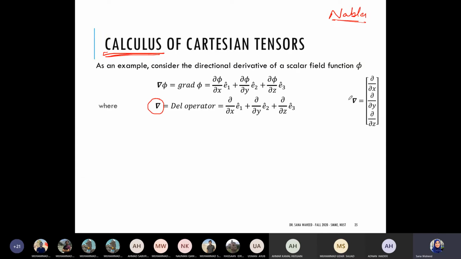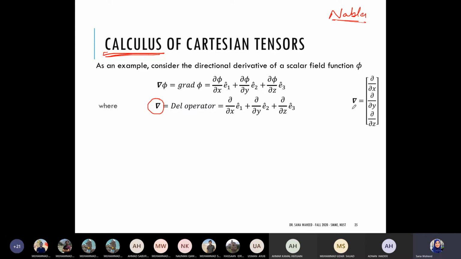So this del operator is actually a vector function, as we can see. It has one directional dependence, it has one direction, and it has three components. So this is actually itself a tensor of first order. I hope that's clear, right? It's a vector.